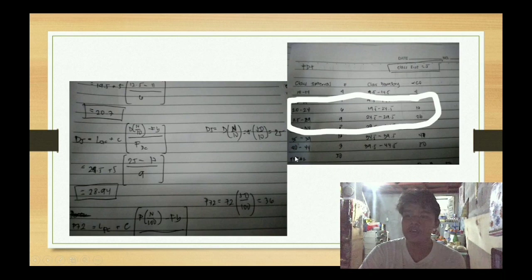Ang magiging lower class boundary po natin ay 24.5. Tapos ang class size po natin ay 5. Yan, 24.5 plus 5, tapos ang ating decile class ay 25 kasi nakuha na po natin. I-minus natin sa mismong cumulative frequency before the decile class, which is gonna be 17. Ayan po, divided by the frequency of the decile class, which is gonna be 9.